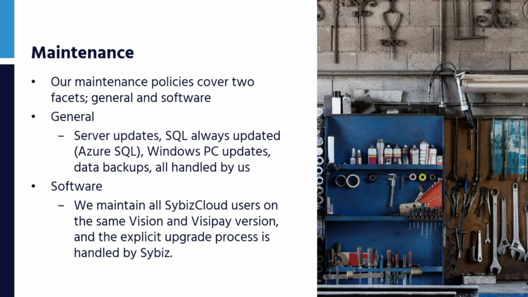After that, you're going to be on this version, which will usually be the latest that's released at that time. Everyone is on the same version on the SybizCloud, and we handle that process. So that's another advantage: there's a lot of stuff that we handle that in an on-premises environment you would have to handle.